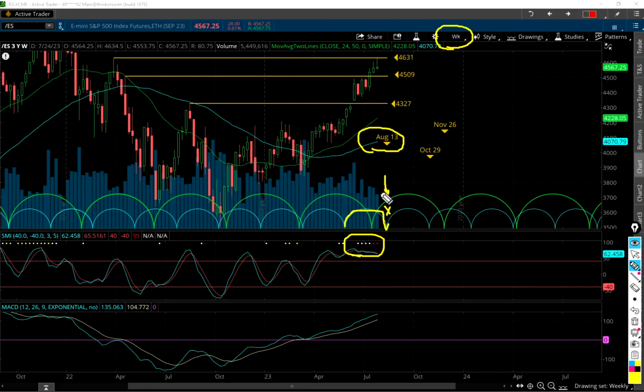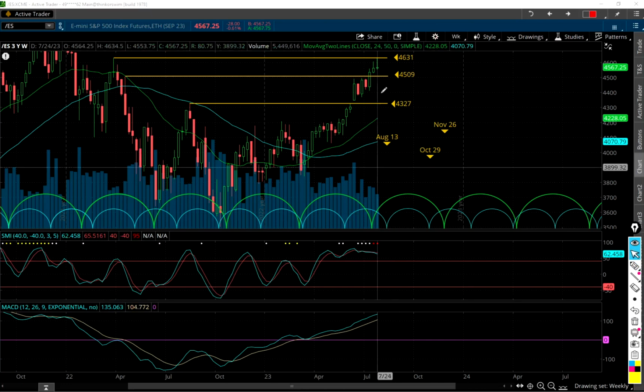Yesterday, when we ran the video, the MACD on the weekly was 137, which is very elevated. And even 135 is still very elevated. So it's come down just a little bit today, and the market still looks very vulnerable to a pullback on the weekly.